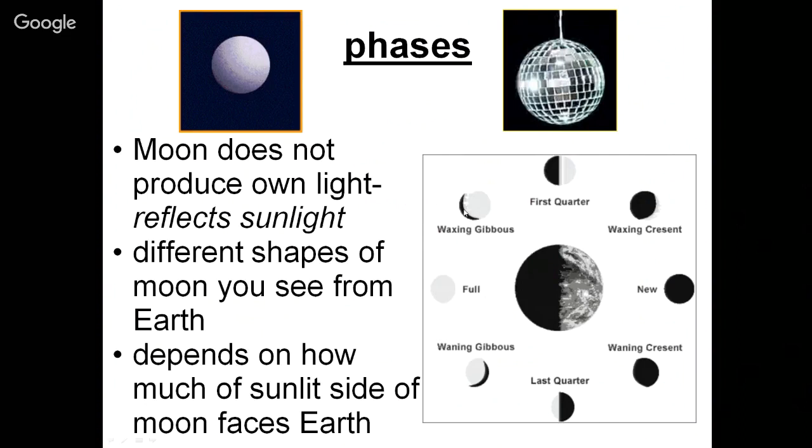A gibbous moon is a moon that's almost full. It's more than half full, but not all the way full. And actually, the half moons are known as the quarter moons because they count this entire cycle as a lunar cycle. So the half moon is a quarter way through the lunar cycle.